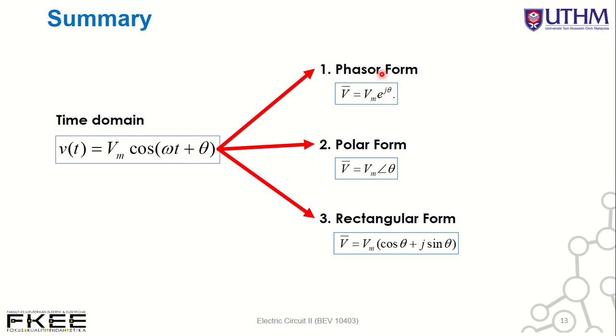We don't see any omega or frequency in this equation. Number 2, we can represent it in polar form, Vm angle theta. And we can also represent it in rectangular form, Vm (cos theta plus j sin theta). This is the real part, this is the imaginary part. We call it rectangular form.